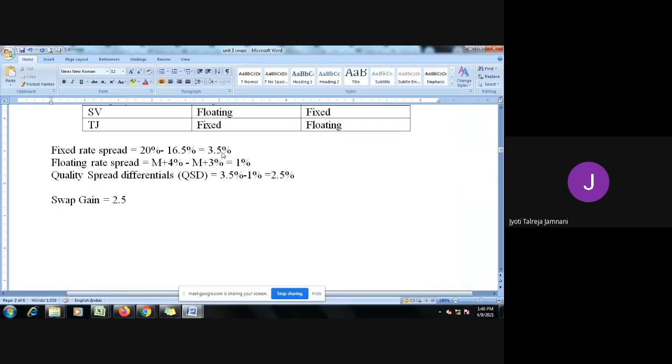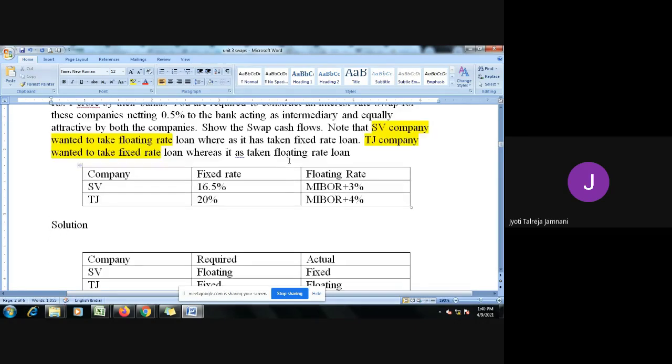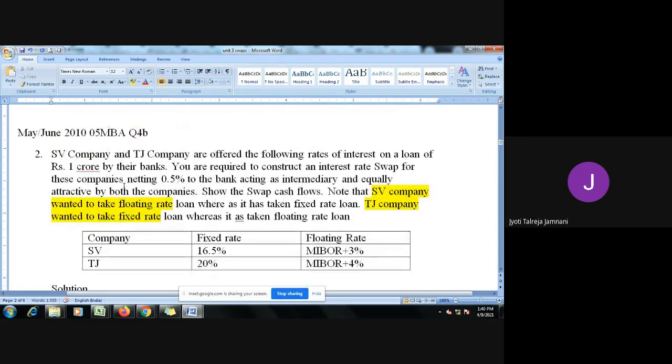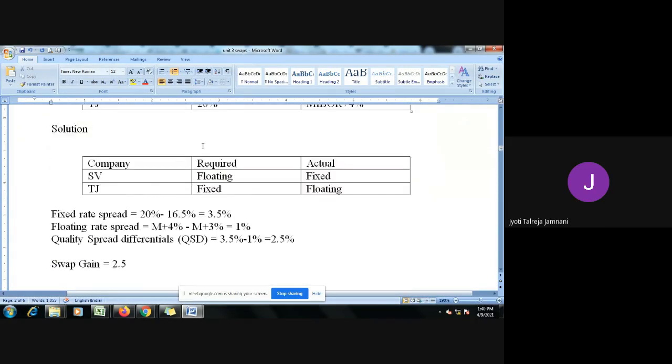From this we'll see if there is a banker or an intermediary. Yes, here they've told you are required to construct an interest rate swap for these companies netting 0.5% to the bank. So we have to give 0.5% to the bank, which is acting as an intermediary.